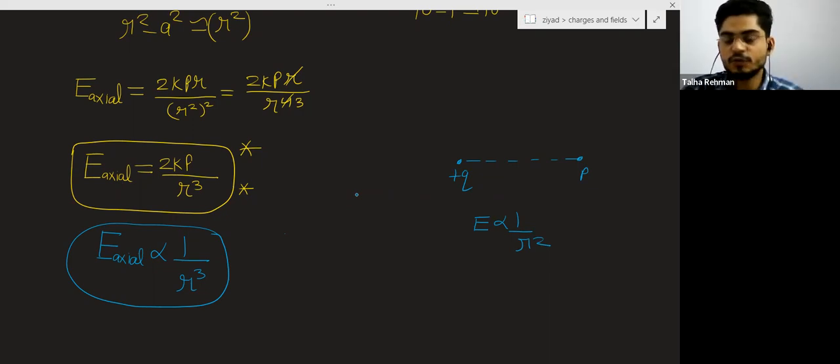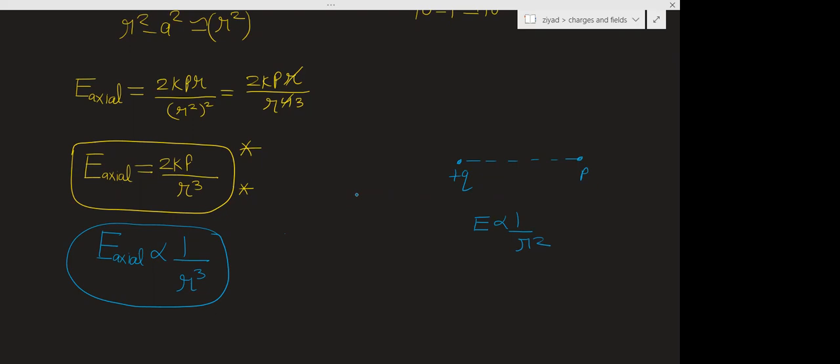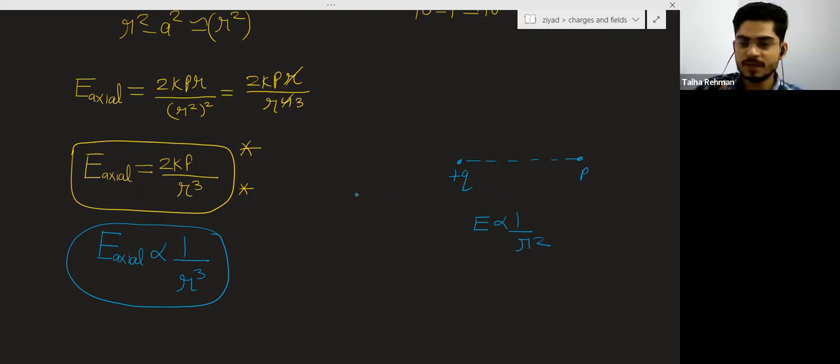Here, if you increase the distance, the electric field decreases much faster. It means in the case of a dipole, if the distance of the point from the dipole increases, the electric field decreases faster than the electric field due to a single charge. This is the meaning of this.